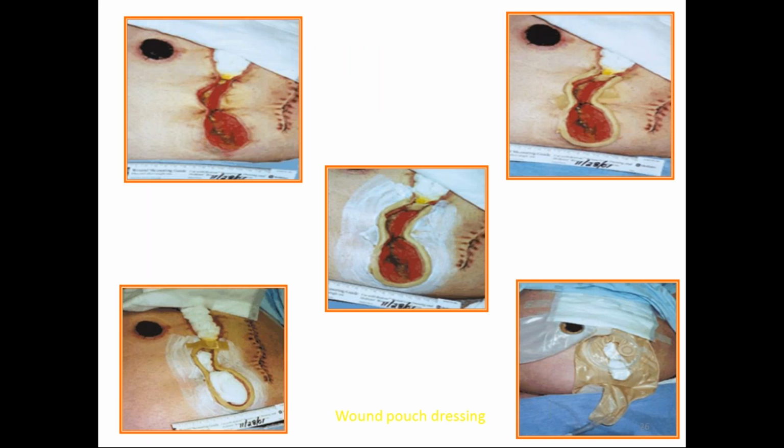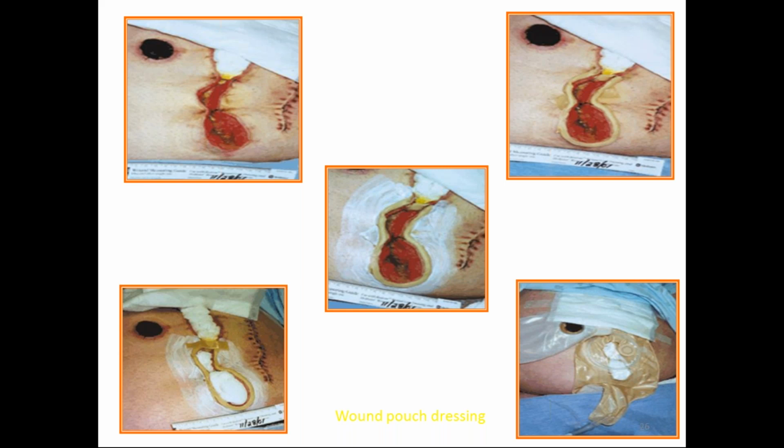So these are the various types. This is the fistula with the skin excoriation around, and the application of ointment, zinc paste, petroleum paste products, and karaya-based powders around the fistula site. So this is the ileostomy site.